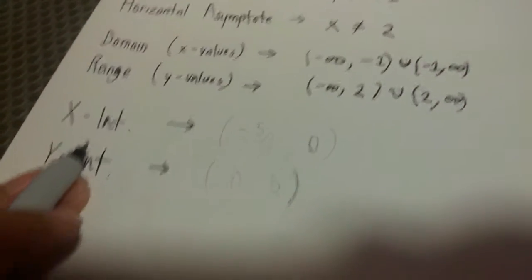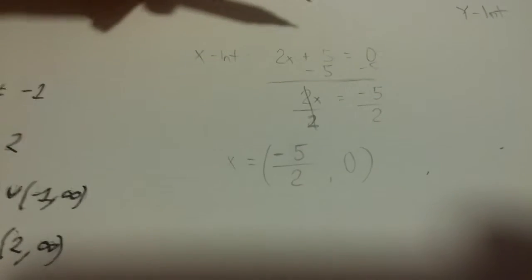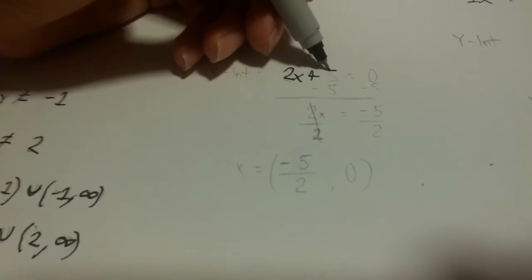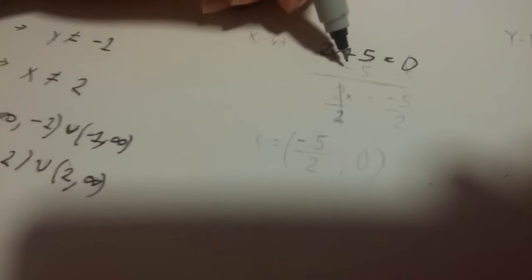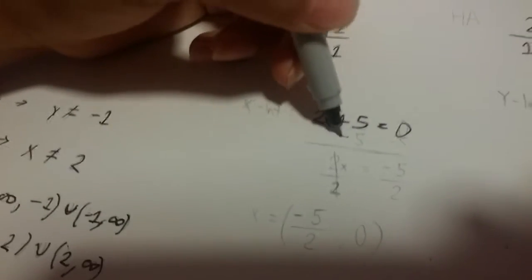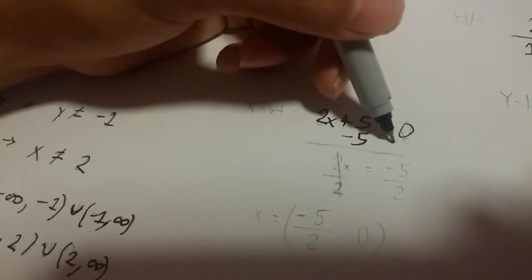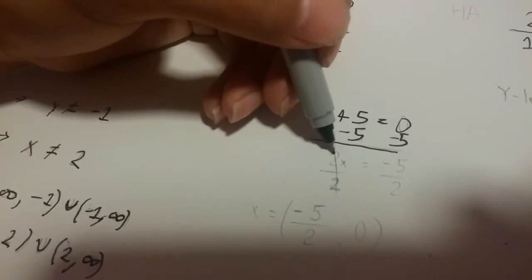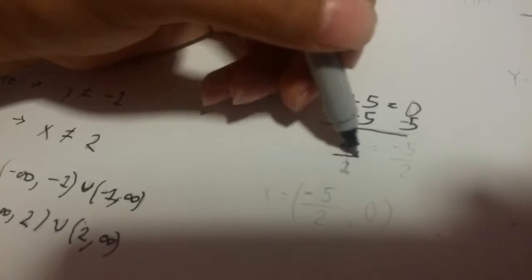Now for the x-intercept, we had to put in the equation 2x + 5 = 0. Subtract 5 on both sides, which gave us 2x = -5, then divide by 2.